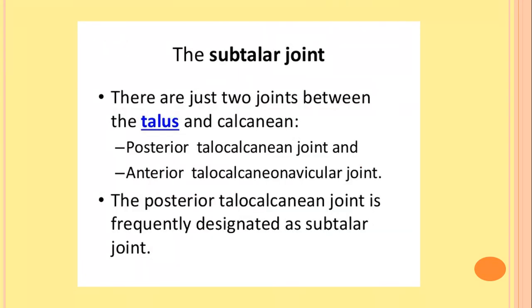So the subtalar joints are two joints between the talus and calcaneum: the posterior talocalcaneal joint and the anterior talocalcaneonavicular joint. The posterior talocalcaneal joint is mainly the one designated as the subtalar joint.